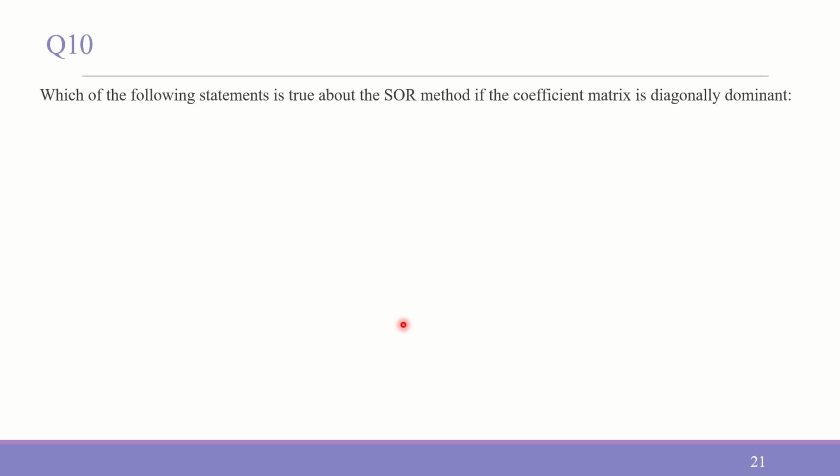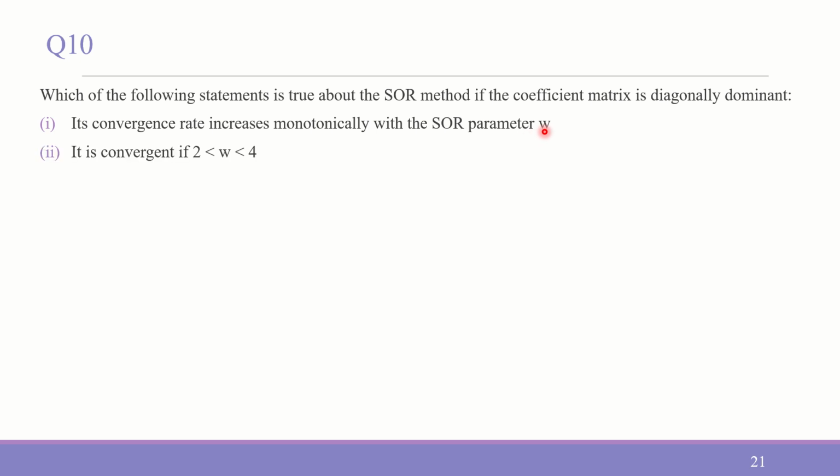So we will see the statements first. First one: its convergence rate increases monotonically with the SOR parameter W. Second: it is convergent if W is between 2 and 4. Third: its convergence rate is twice as much as that of the Gauss-Seidel method.